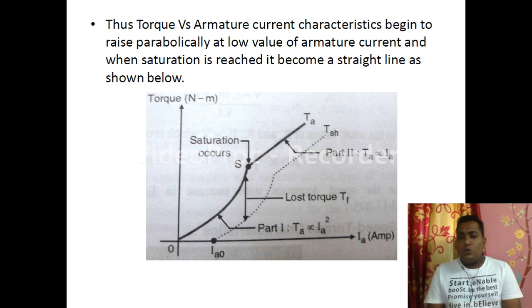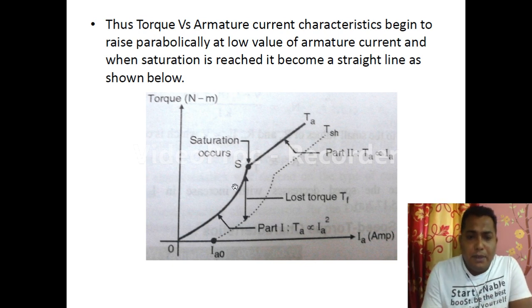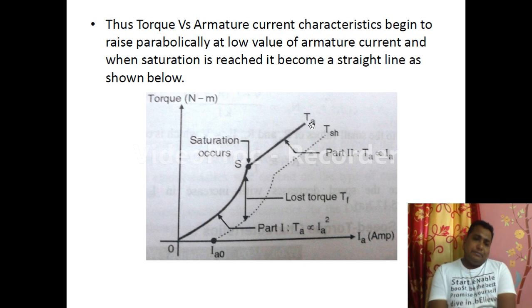So it has two sections, follow my pointer. This is one section where the armature current value is low, that's why it is parabolically increasing, and after saturation if we again increase this armature current, it will increase like a straight line.